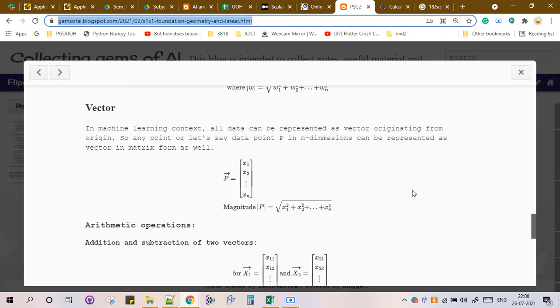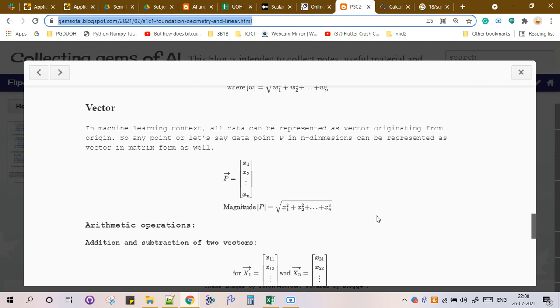Okay. The vector algebra. So the vector representation, if nothing is given, this is machine learning terminology, right? This is not physical terminology, and the difference between physics terminology and machine learning terminology is we always represent the vector as originating from the origin.